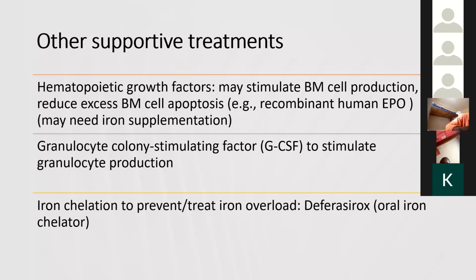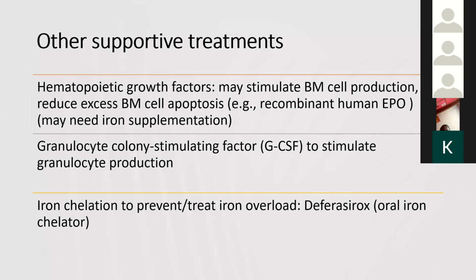So these are the other supportive treatments like hemopoietic growth factors. These may stimulate bone marrow cell production and reduce apoptosis. For example, recombinant erythropoietin. When we give recombinant erythropoietin, we often may need to give iron supplementation as well.